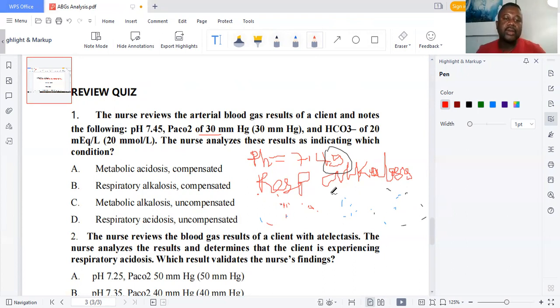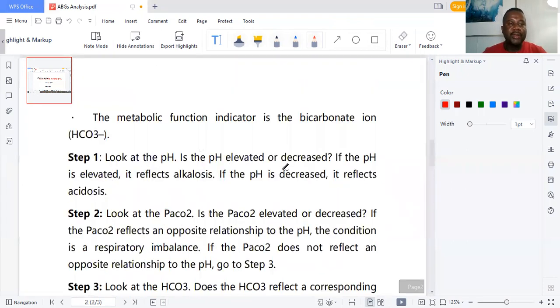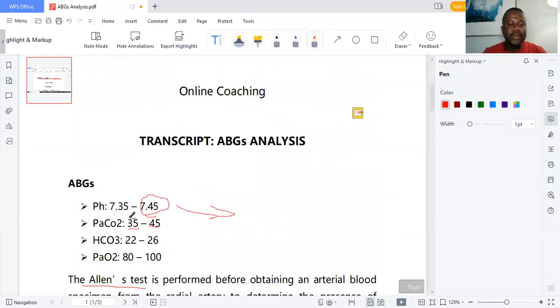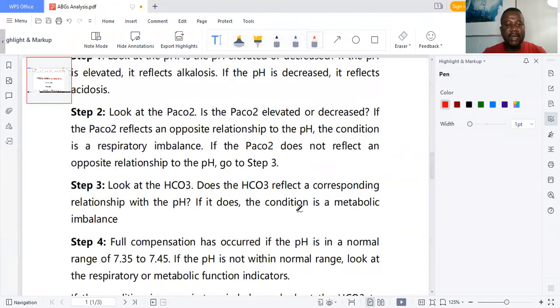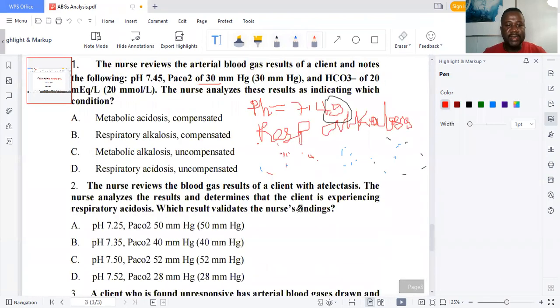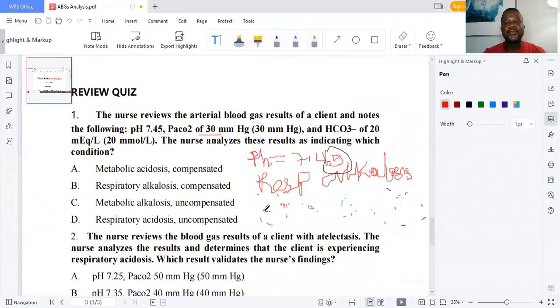Now, let's look at compensation. Compensation says for it to be compensated, the pH has to be within normal range. What is our pH range? 7.35 to 7.45. And our pH in the question is 7.45, which is within normal range.